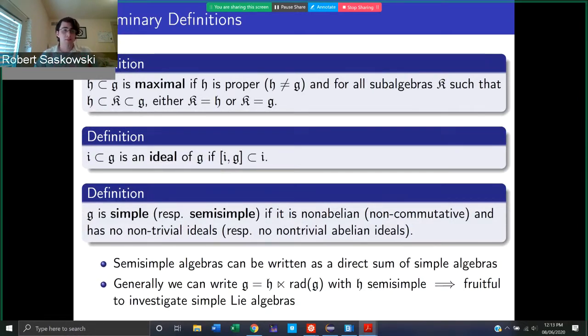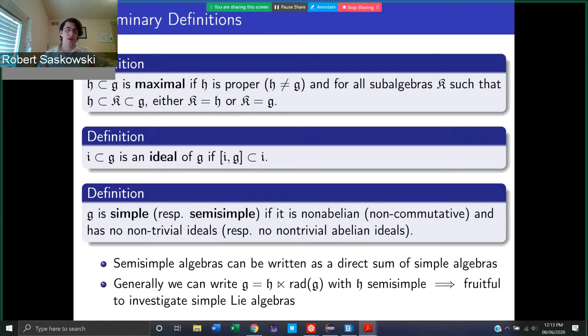We say that a subalgebra is maximal if every time there's some chain like this, where the subalgebra is contained in another subalgebra, which is contained in the full algebra, either this intermediate algebra is the subalgebra or the whole algebra. And we generally require that this maximal subalgebra be proper.